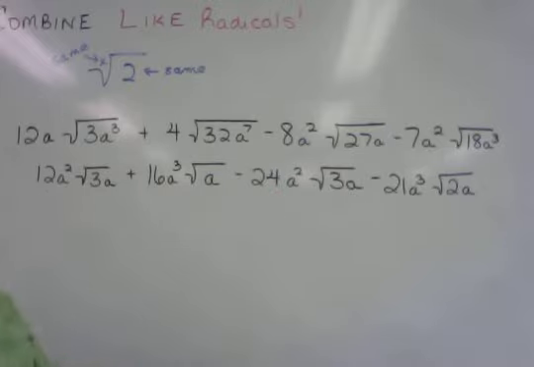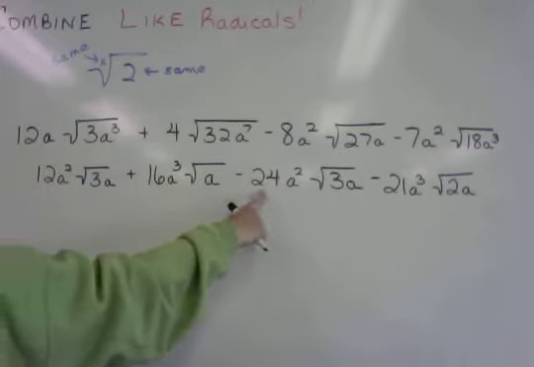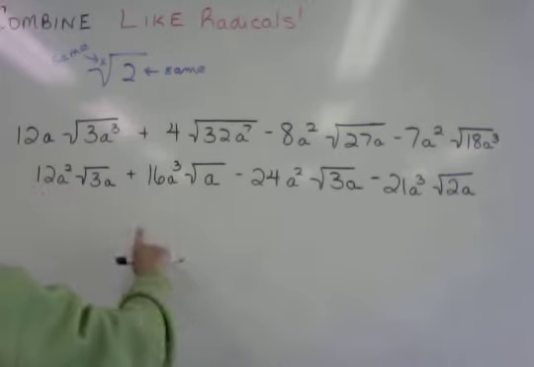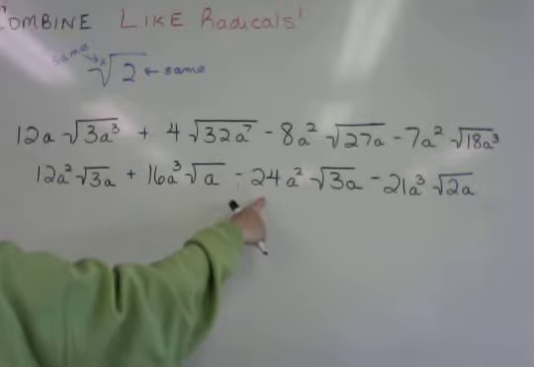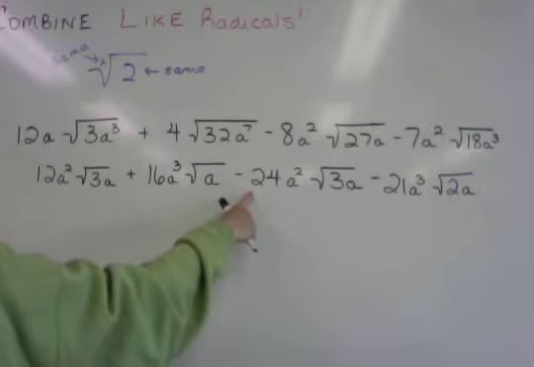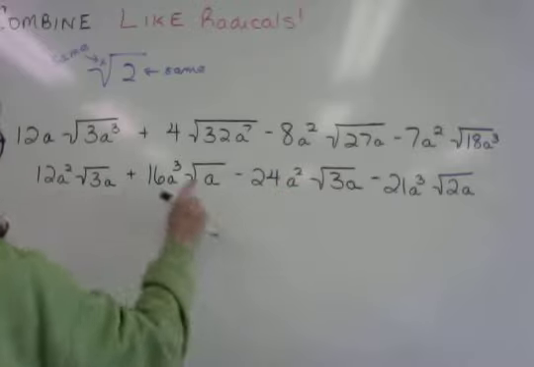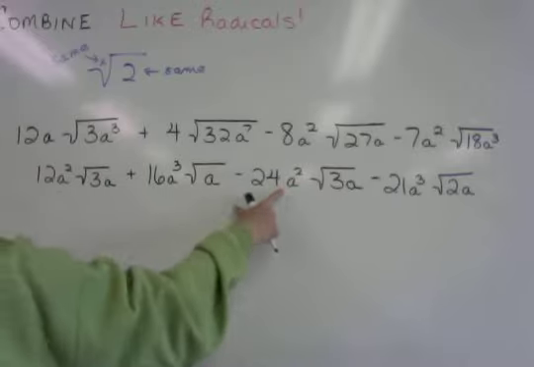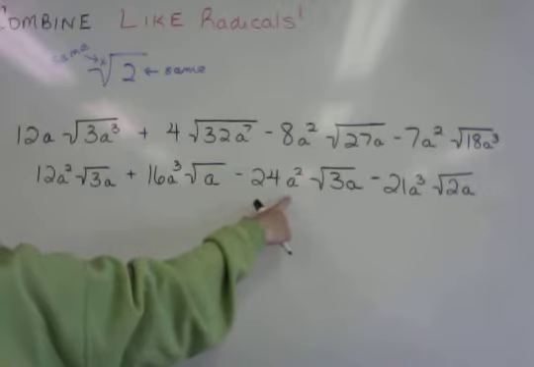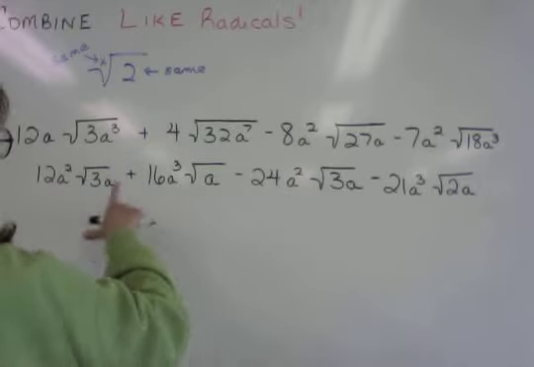So I have 3A, that was the 12A square on one, and I'm going to add the 12A square to the negative 24A square. These A squares are not going to change. That's the other thing. We have to look at those to make sure they're like terms as well. They're like terms as well.